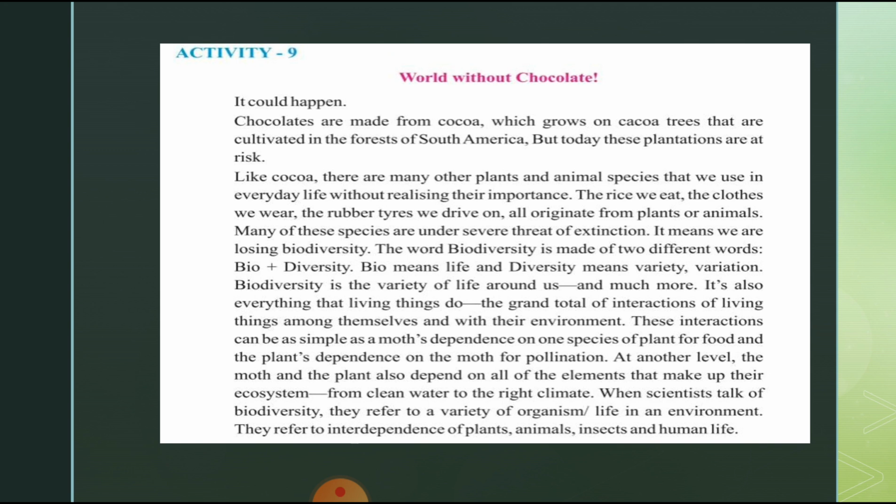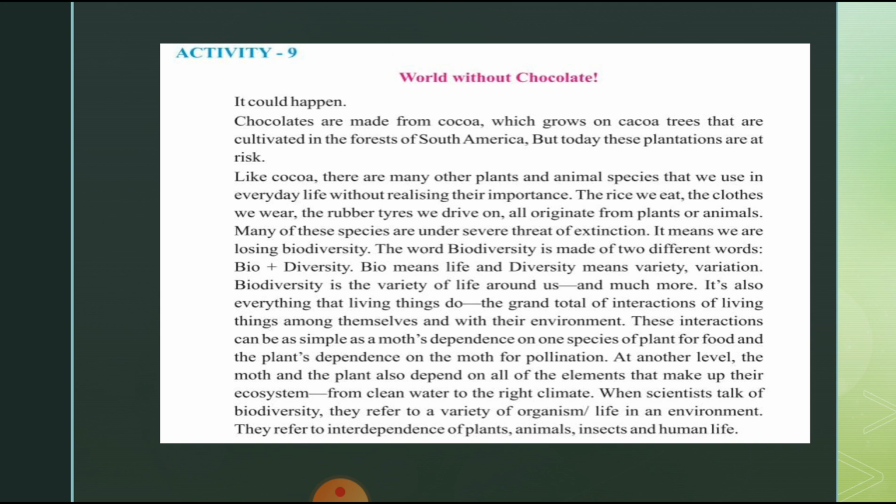See, the rice we eat, the clothes we wear, the rubber tires we drive on, all originate from plants and animals. We get rubber from the rubber plant, and we get fur from animals also.